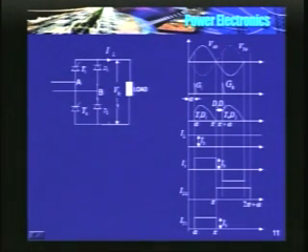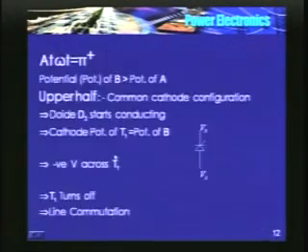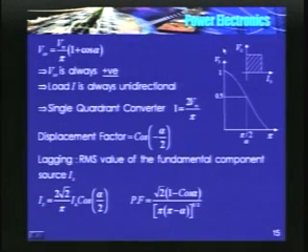So power input to this bridge is always positive. In other words, the source is always supplying power to this bridge. So if I plot the VI characteristics of this, V0 is positive, I0 is also positive. Operation is in the first quadrant.